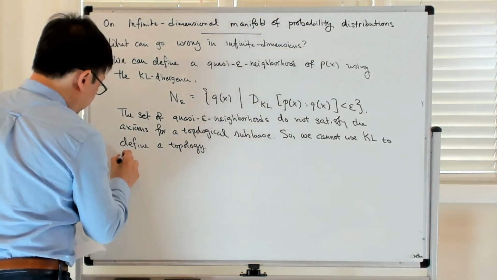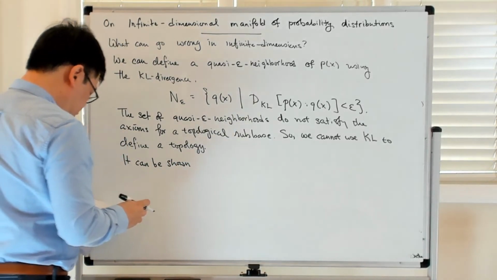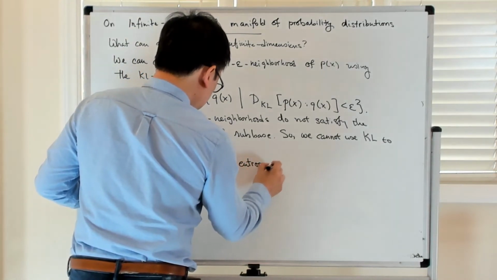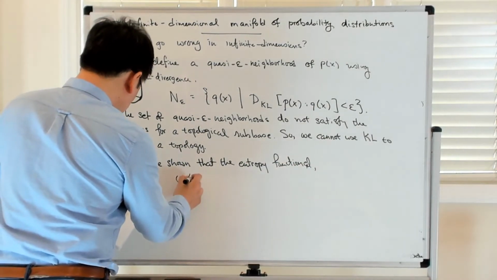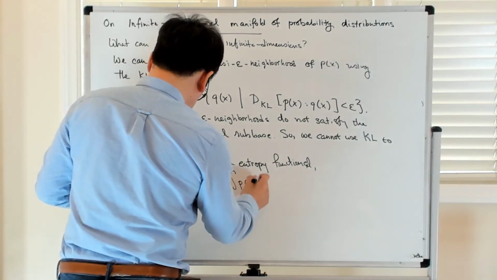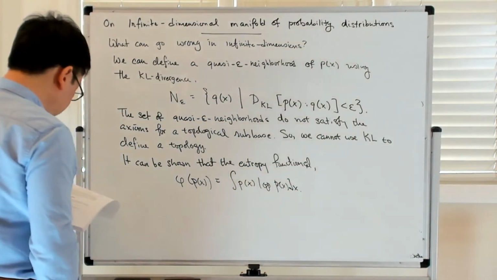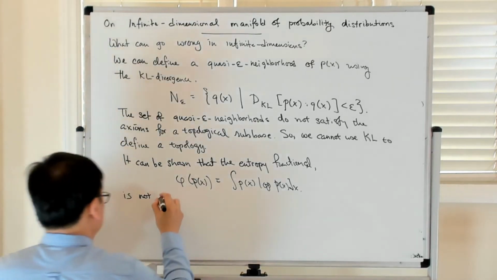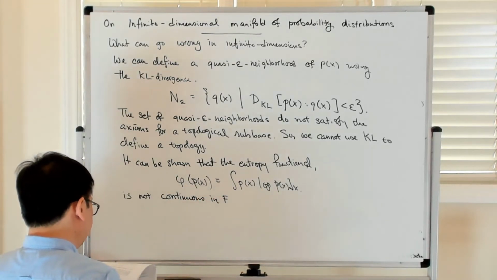It can also be shown that the entropy functional psi of p of x, which is the integral of p of x log p of x, this negative entropy, is not continuous in F. But it is continuous and differentiable in Sn.